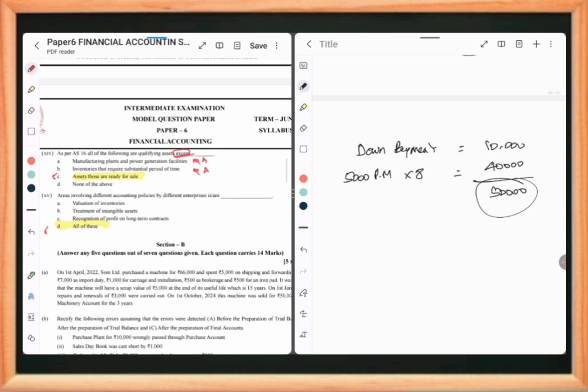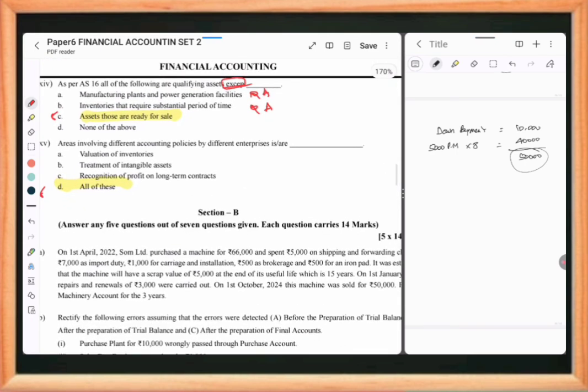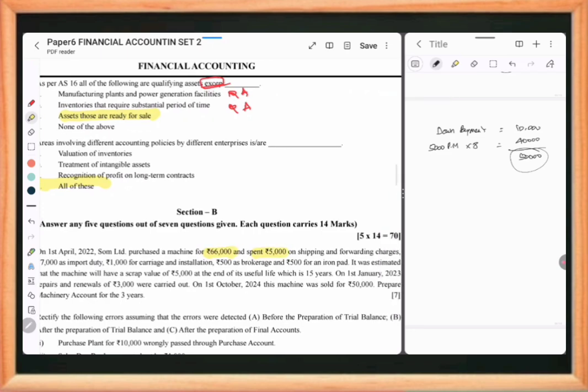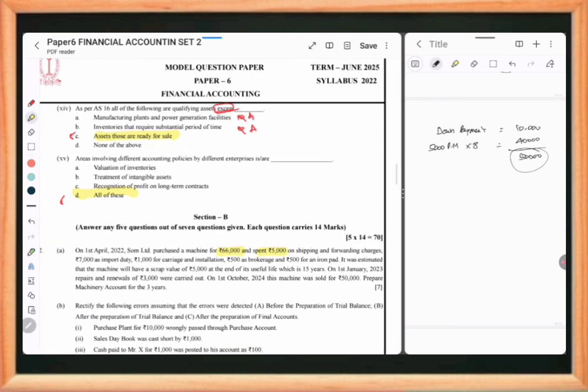So section B, the first question is, on 1st April 2022, SOM Limited purchased plant and machinery for 66,000 and spent rupees 5,000 on shipping and forwarding charges, rupees 7,000 import duty, rupees 1,000 for carriage and installation, rupees 500 as brokerage, and 500 for iron pad.